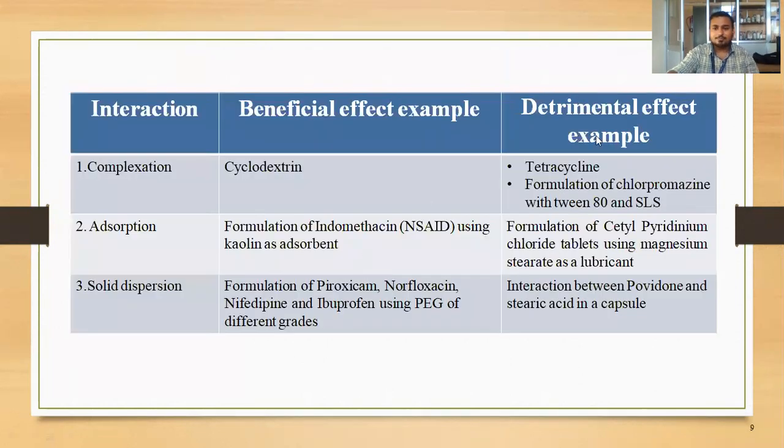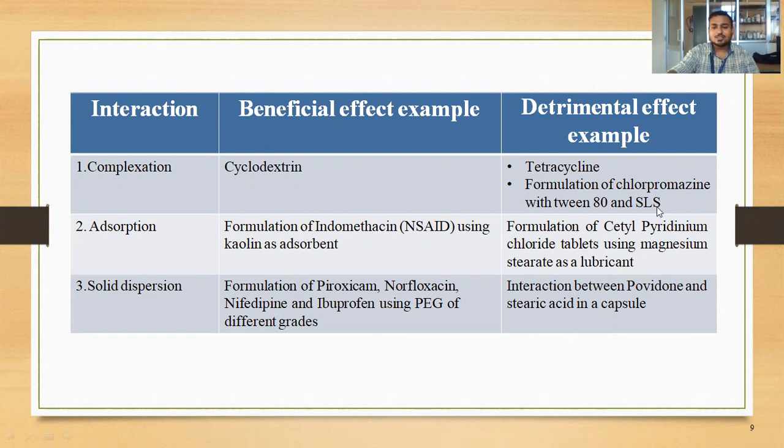So some examples of different physical interactions, we are just going to start. That is complexation, that is cyclodextrin. Examples: tetracycline, and the formulation of chlorpromazine with Tween 80 and SLS.